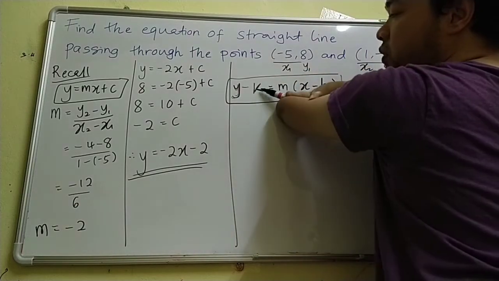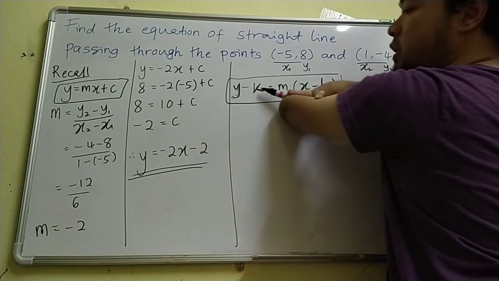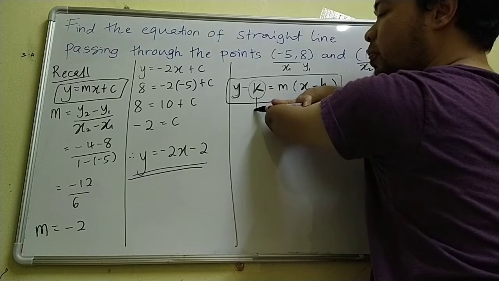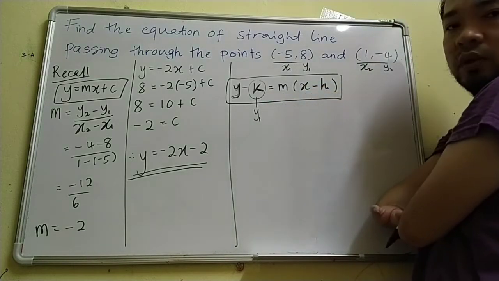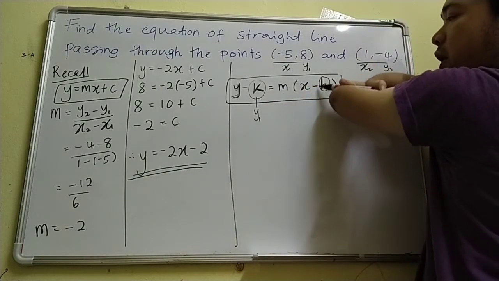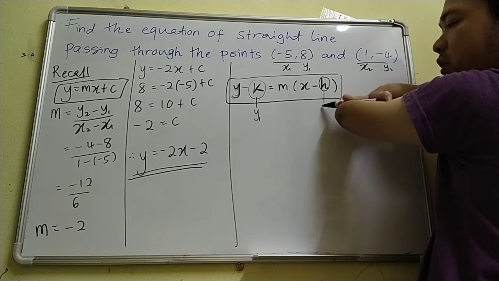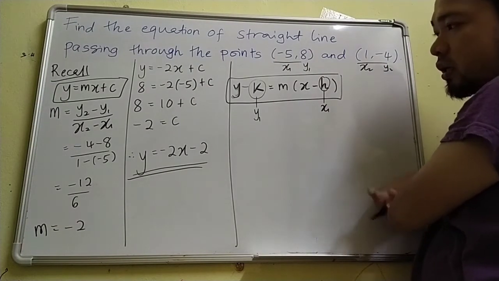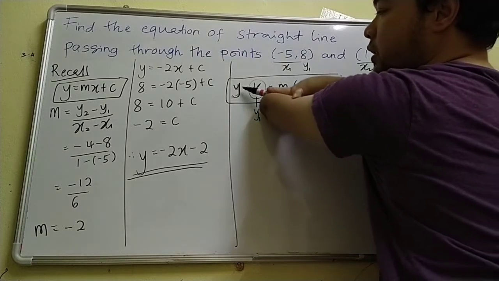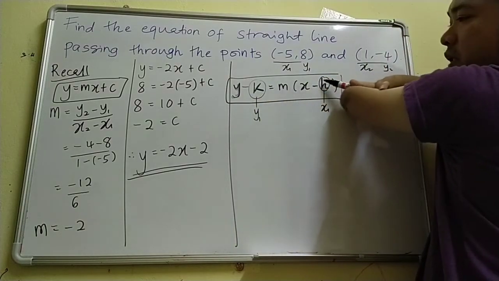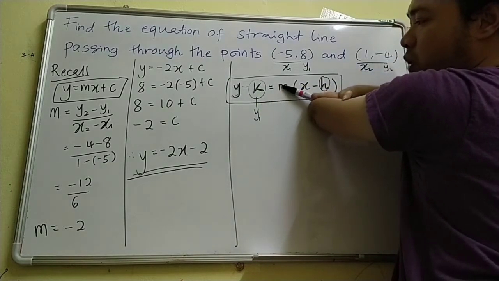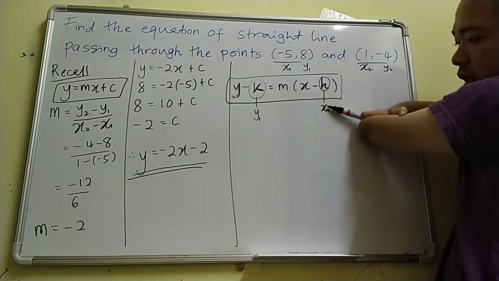What do k and h mean? This k actually represents y1, and this h actually represents x1. Meaning that y - k = m(x - h) can also be written as y - y1 = m(x - x1).